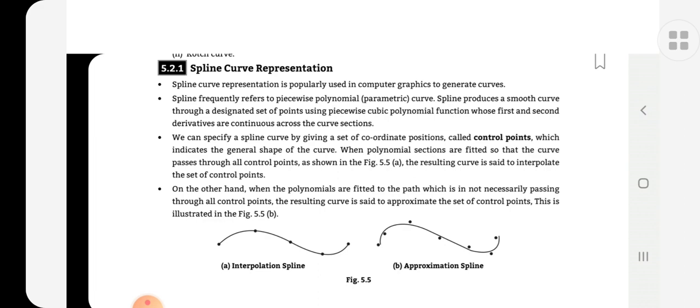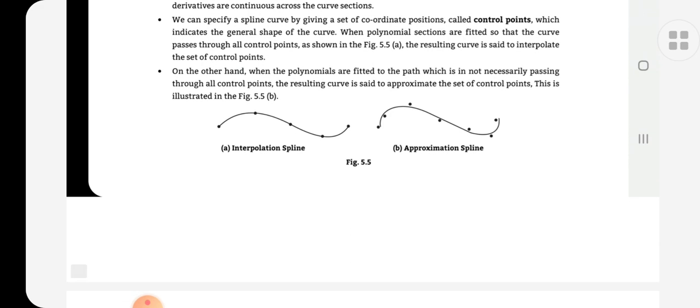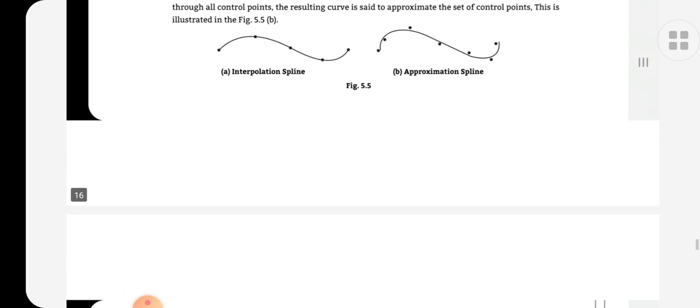When polynomial sections are fitted so that the curve passes through all control points, as in figure A, the resulting curve is said to interpolate the set of control points. On the other hand, when the polynomials are fitted to a path which does not necessarily pass through all control points, the resulting curve is said to approximate the set of control points. This is figure B.